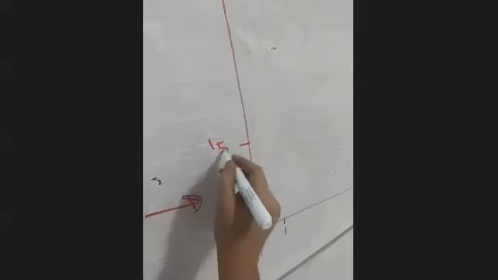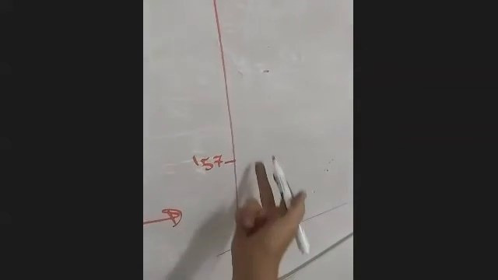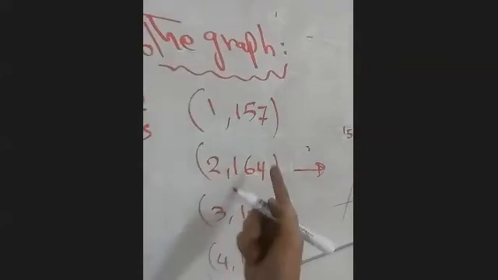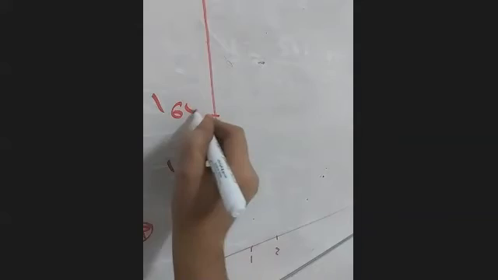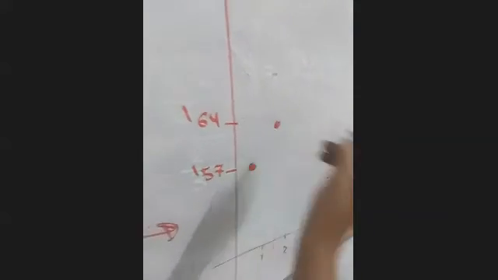We go to the 1 and then we go up until 157, and we put a dot. The second point, 2 and 164. From 2, I will go up until 164 and put my point, right?